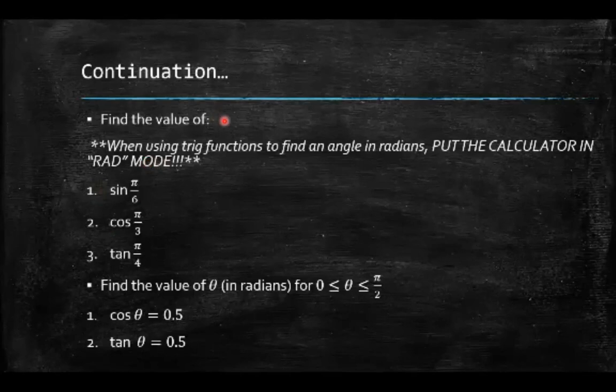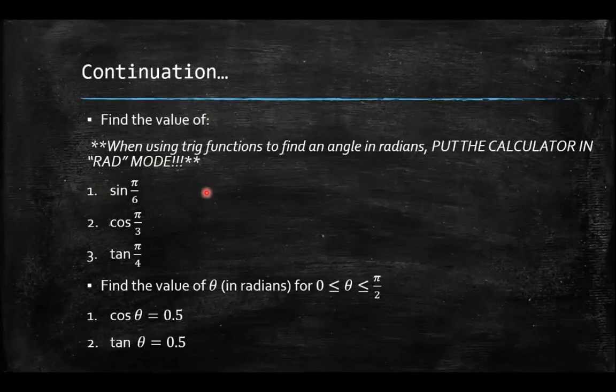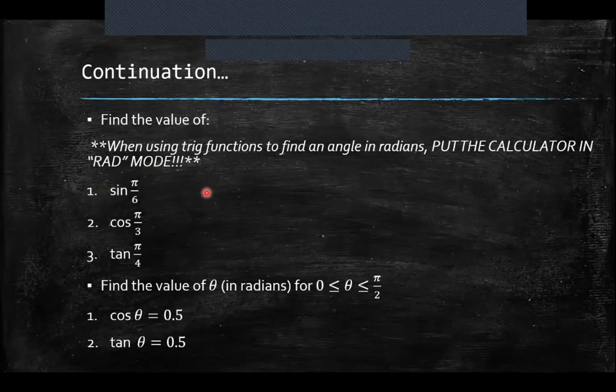Let me say that again. When using trig functions to find an angle in radians, you have to put your calculator in radian mode. Please remember to do that. If you do not do that, your answer will be wrong.